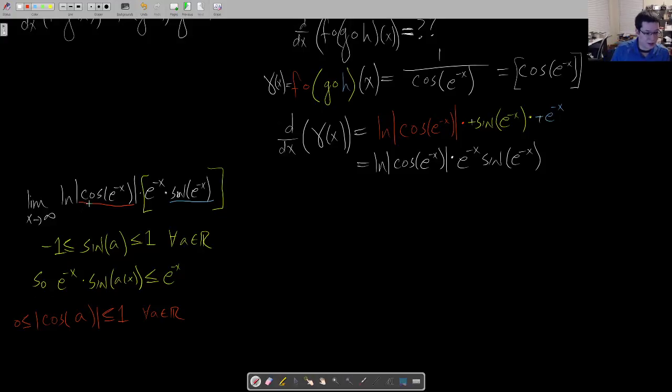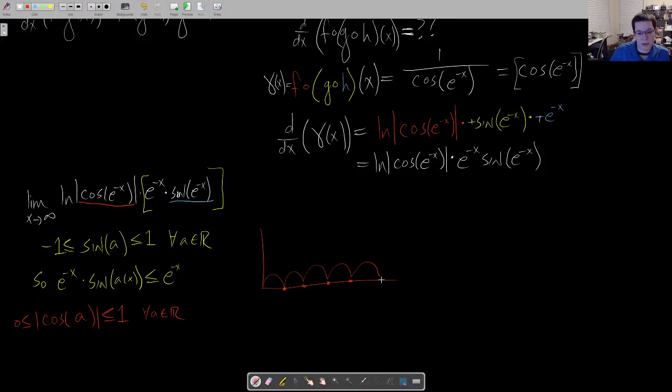Because here we're going to have the natural log of this bouncing value. Now, natural log is not defined at these points.